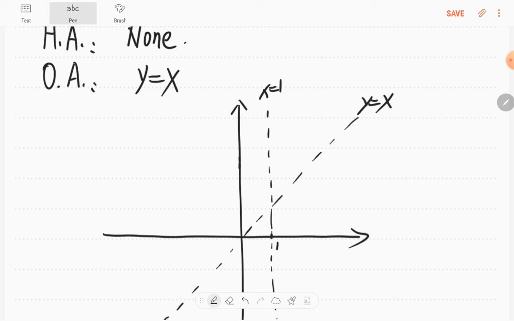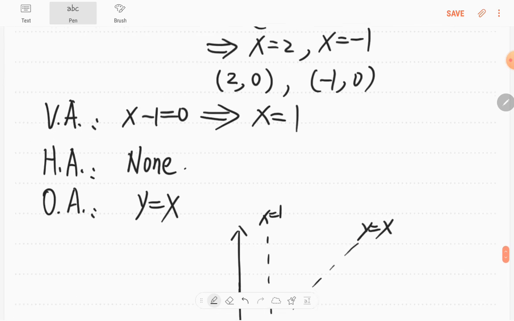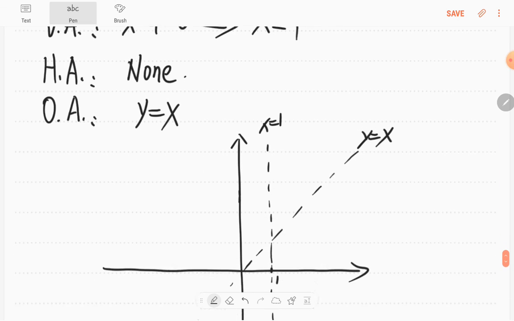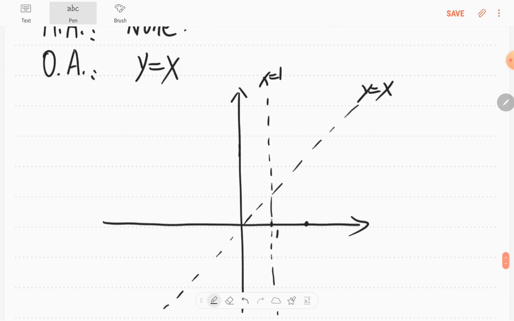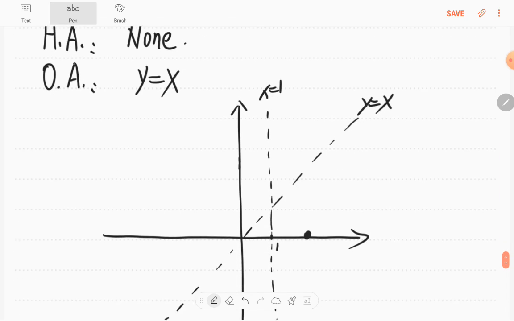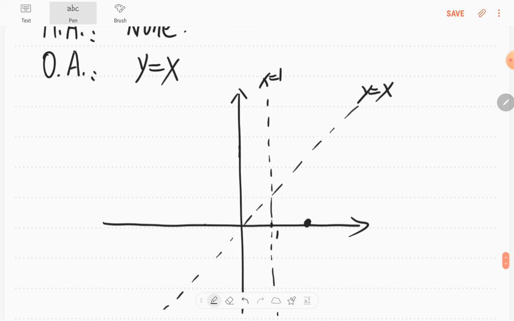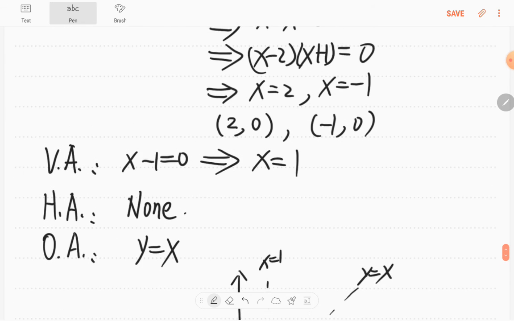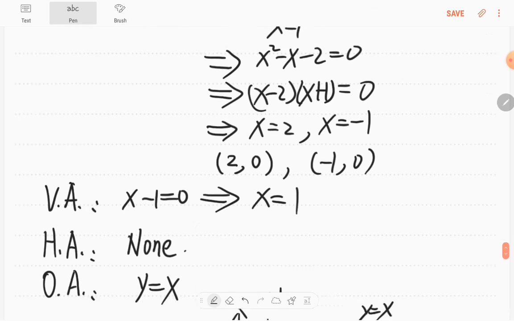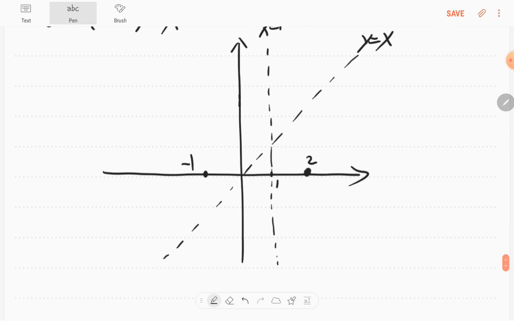We need to go through the points 2, 0 and negative 1, 0. This is 2, this is negative 1. We also need the y-intercept 0, 2, which is here.